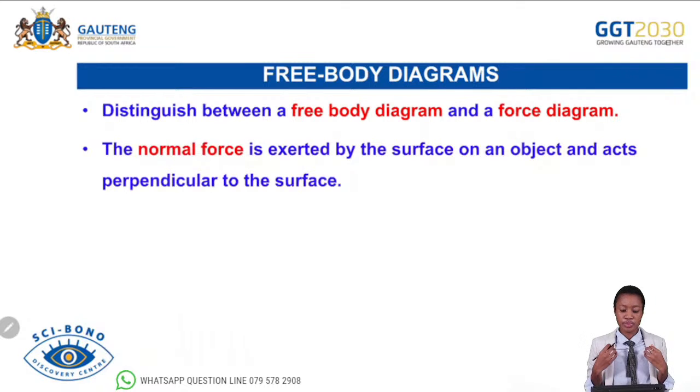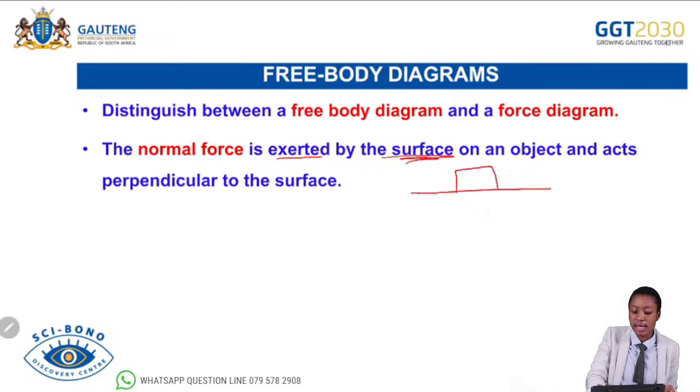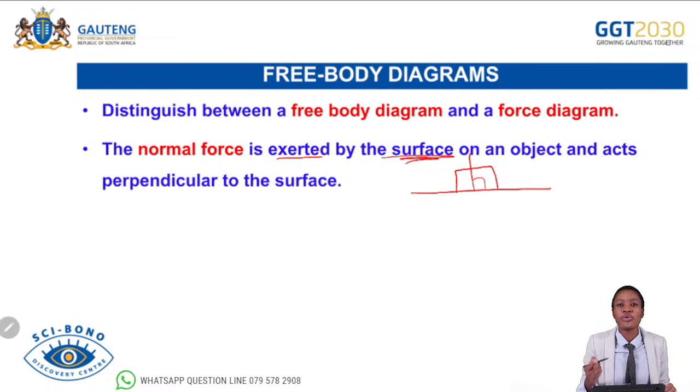And then you should be in a position to label the normal force. We said that the normal force is exerted by the surface on an object and it acts perpendicular to the surface. So if I have a surface here and there's my object, my normal force is perpendicular. Let us try to avoid words such as the normal force acts directly upwards, because it can lead to misconceptions when we're looking at an inclined surface.